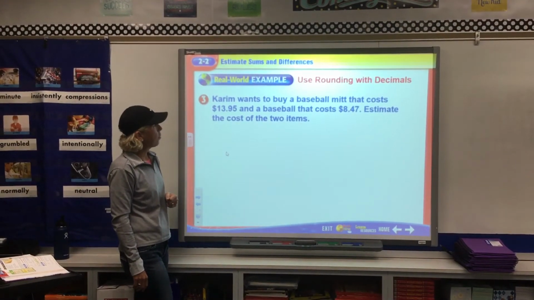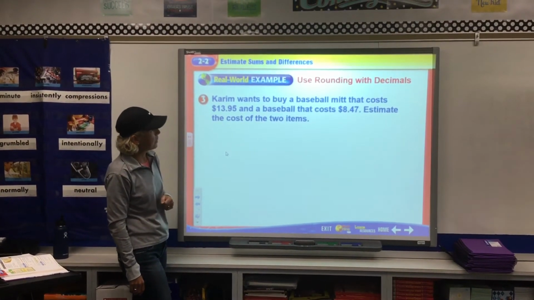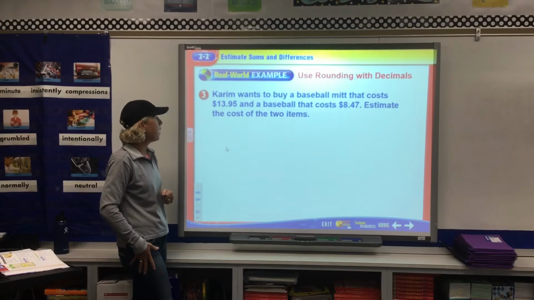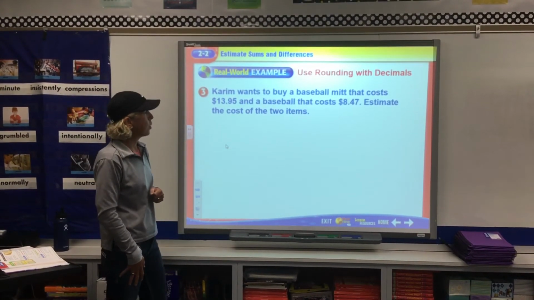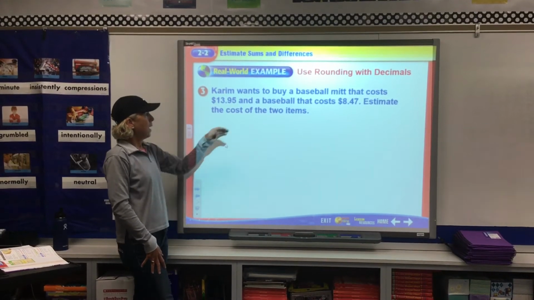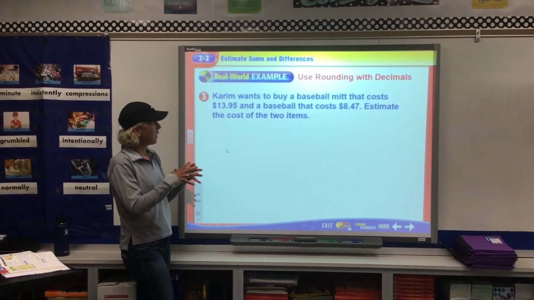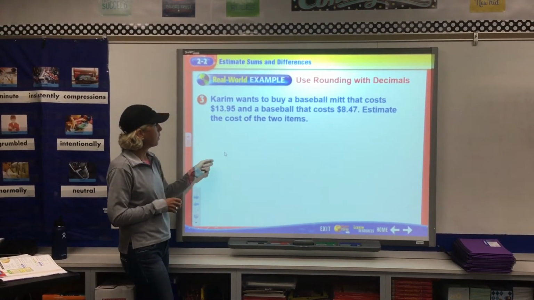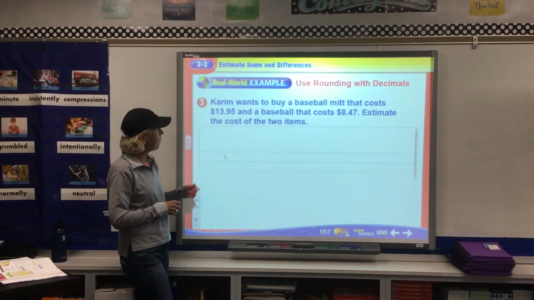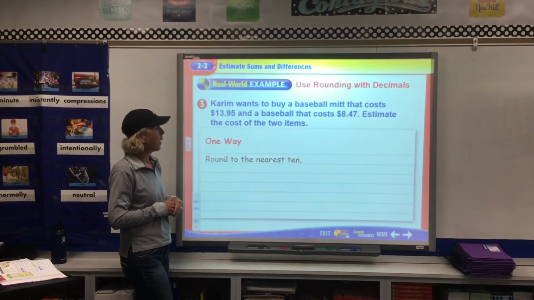Here we're going to talk about rounding with decimals. Kareem wants to buy a baseball mitt that costs $13.95 and a baseball that costs $8.47. Estimate the cost of the two items. We know that we're going to add those two together, so we're going to estimate the cost of the two items. If we take $13.95, there's a couple of different ways we can manipulate this problem.